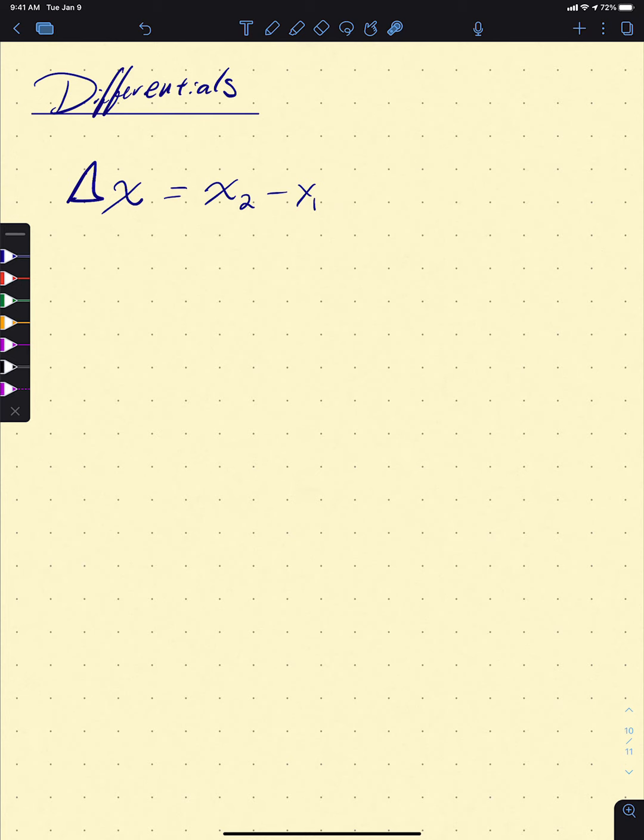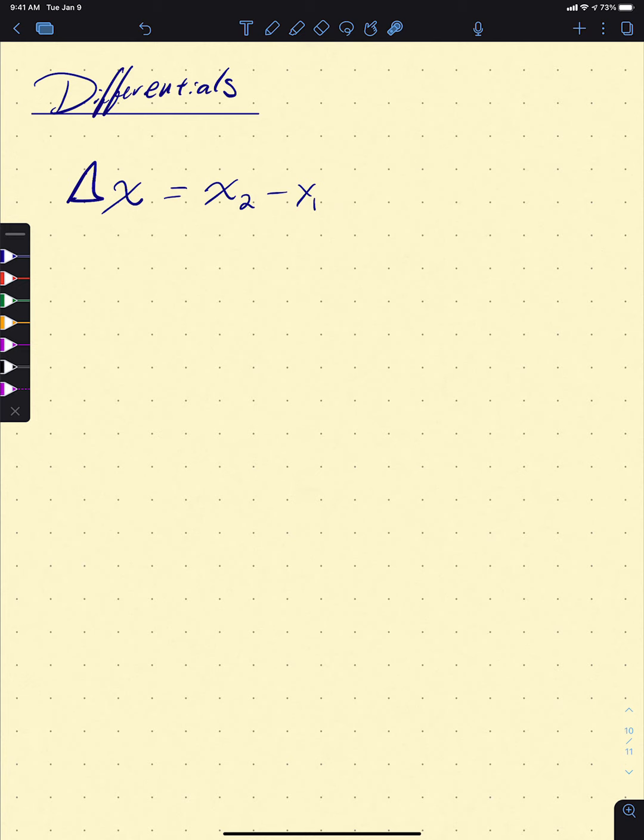Notice this is the same role that our h was playing when we were defining our derivative. We have this idea of delta x. Can we define delta y if y is a function of x?